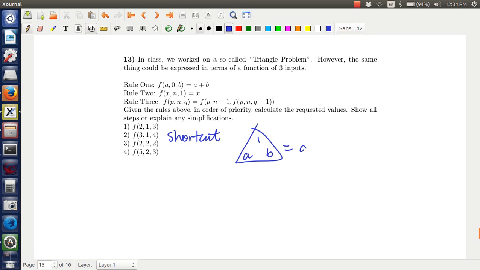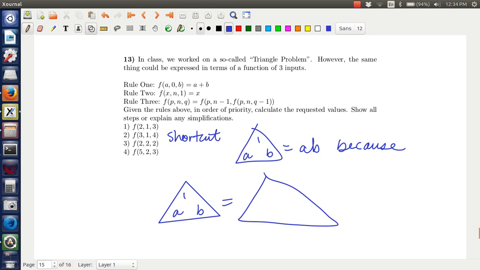A 1 B is A times B because A 1 B is actually A 0, A 1, B minus 1.